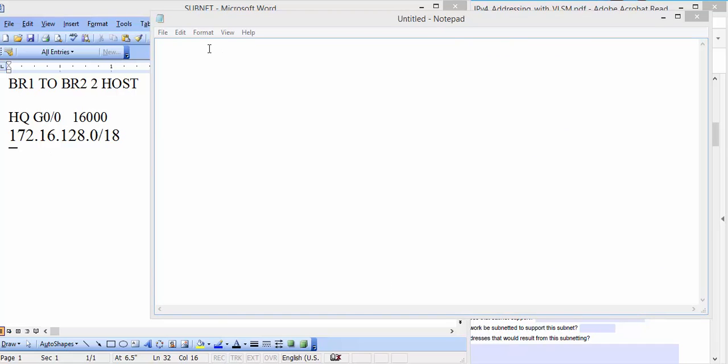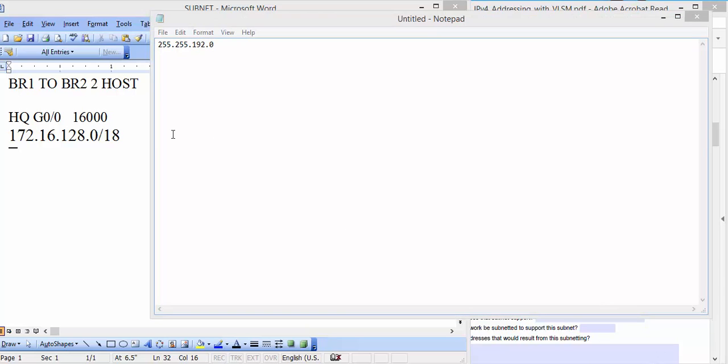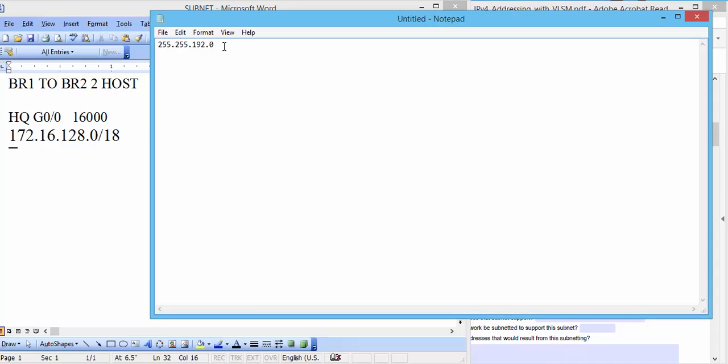The subnet mask for /18 is going to be 255.255.192.0. Now we write the network address right underneath that: 172.16.128.0.